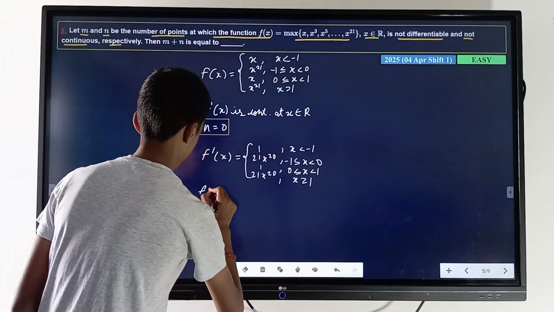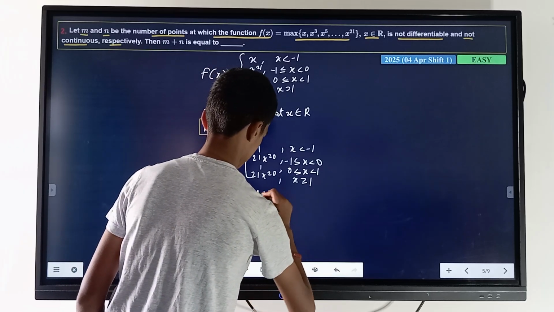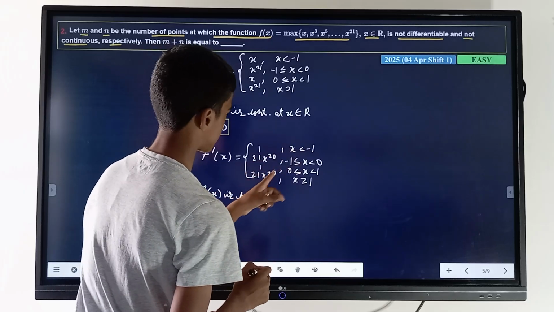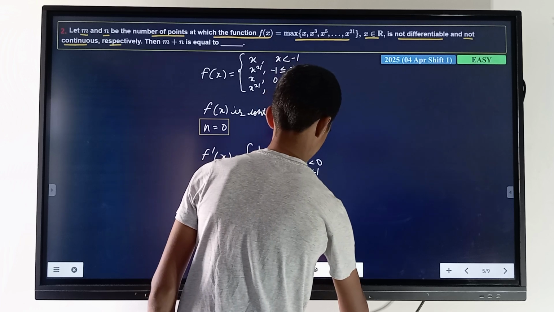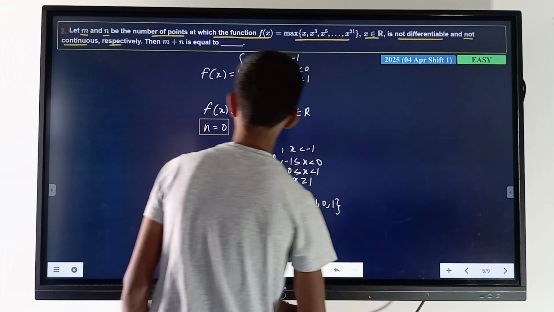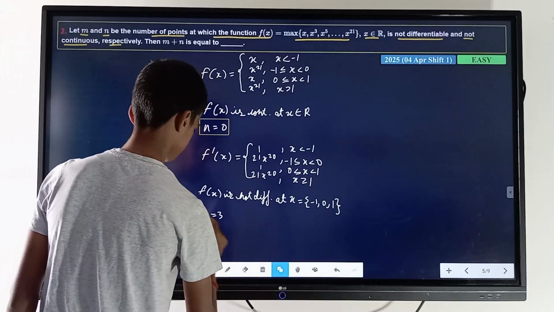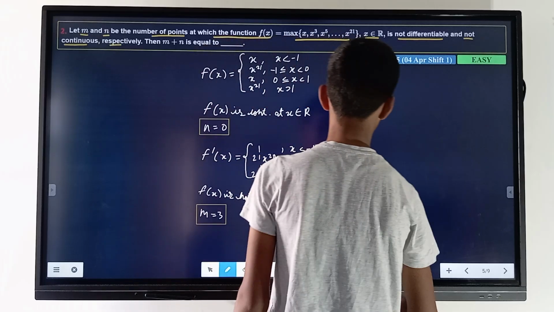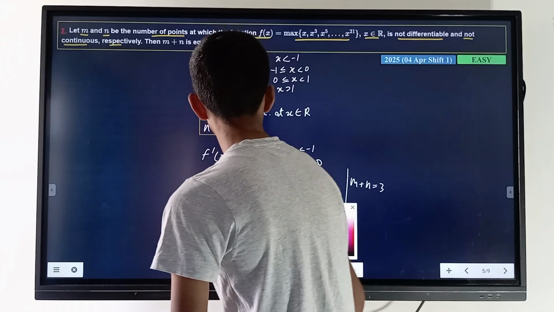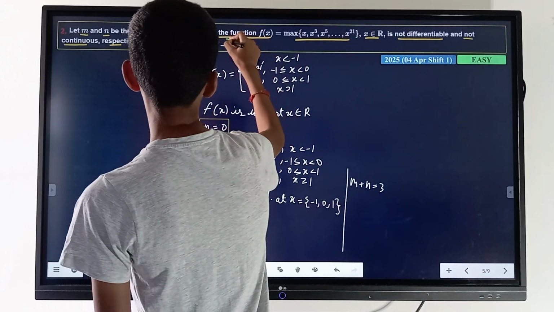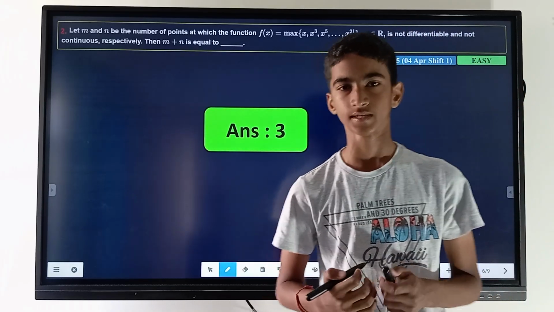Now here our f of x is not differentiable at points x is equal to minus 1, 0, 1. So from here our m is equal to 3. So from here we can say that m plus n is equal to 3. So our answer will be 3. And here is the solution. We can see that our answer is correct.